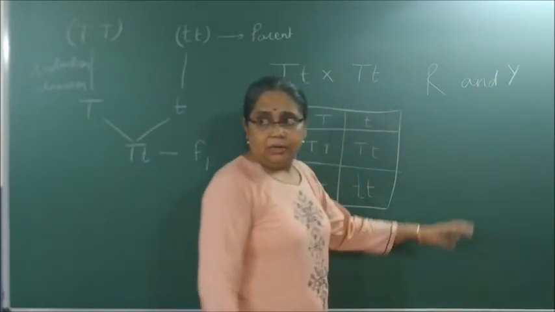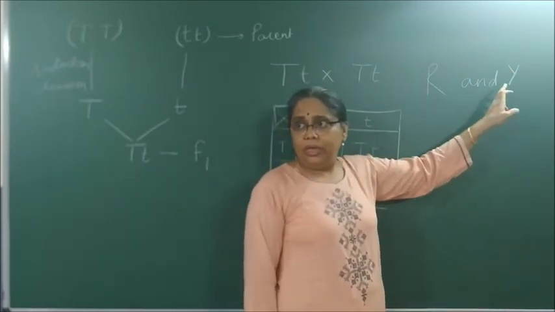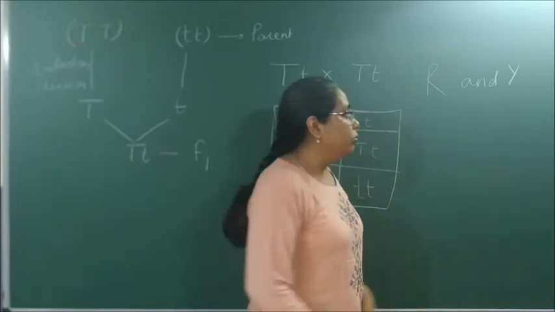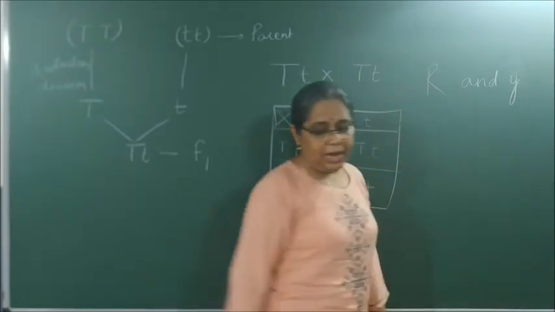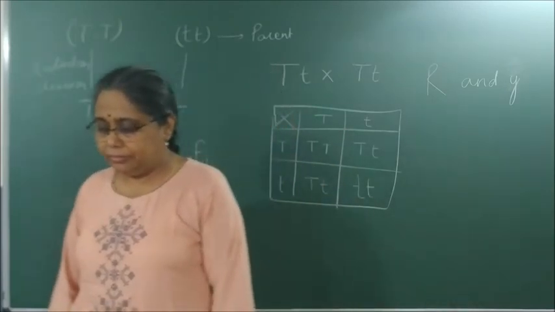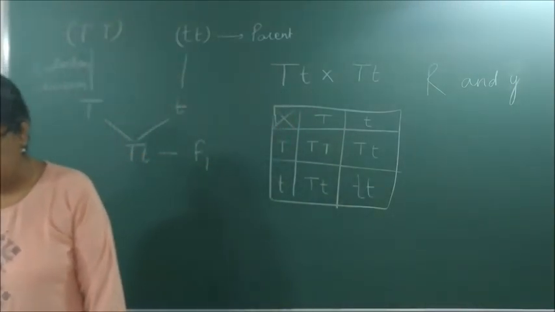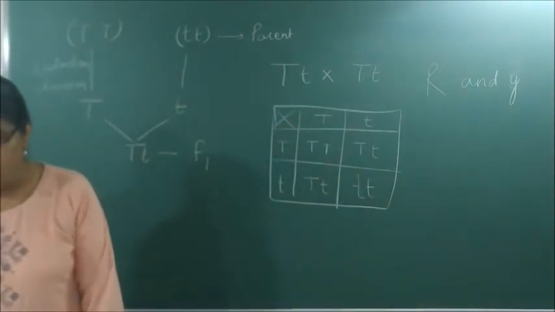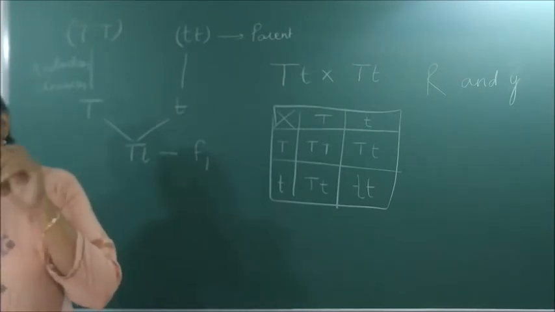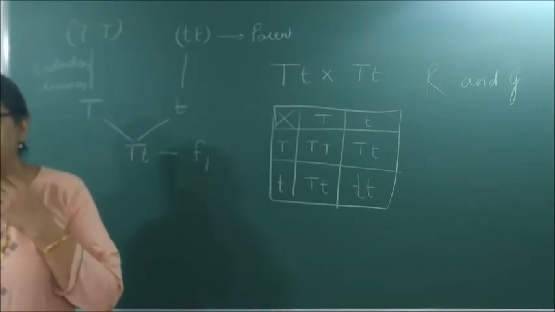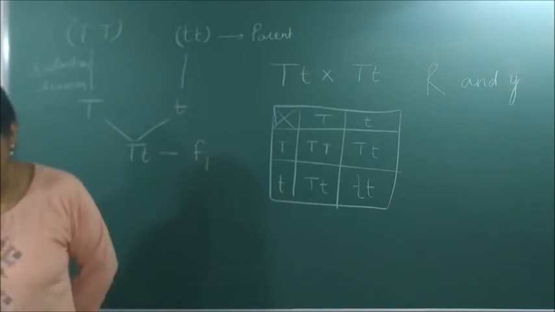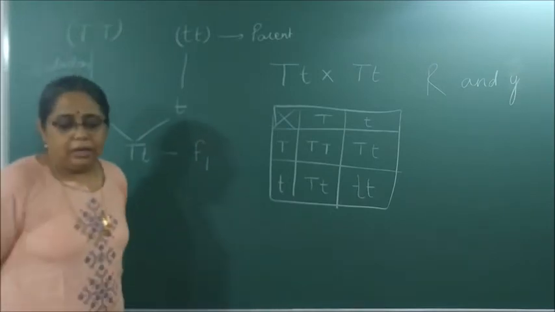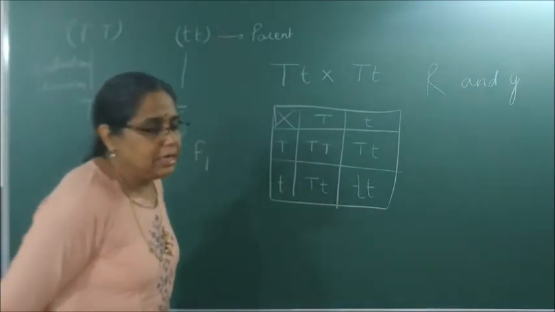What is R? Round. What is Y? Yellow. Okay, or you can write, we actually took round and green.